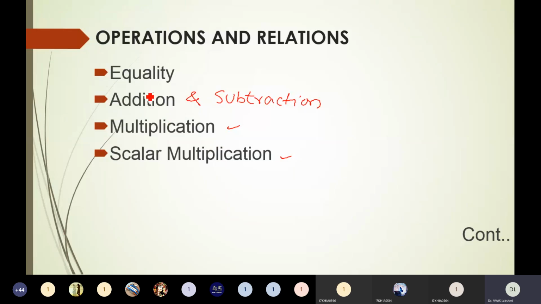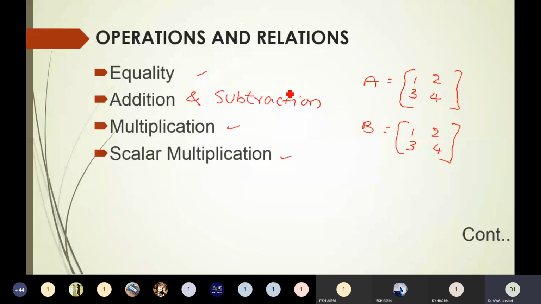Equality means each element in a particular position is equal to the element in the same position in the second matrix. Suppose you take a matrix A, the values are 1, 2, 3 and 4. Then B also contains 1, 2, 3, 4.